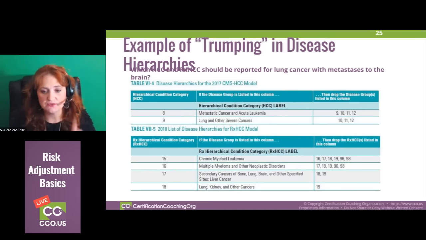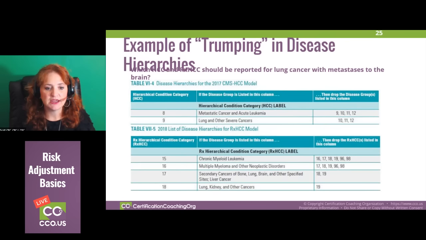Now, do all of the numbers go consecutive like that? No, they do not. Do not let that trick you, right? As a general rule, kind of, you see that, but that's not the way it works. So is an 8 always going to trump a 9? Yes, in this category. Okay, but don't think just because the number's lower that it carries more weight or it trumps. Now let's look at the RxHCC2.